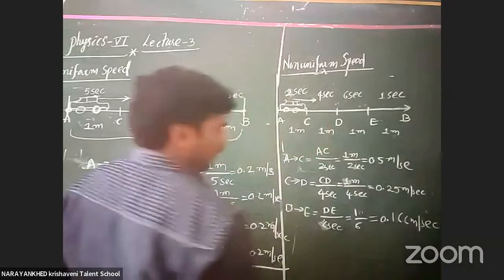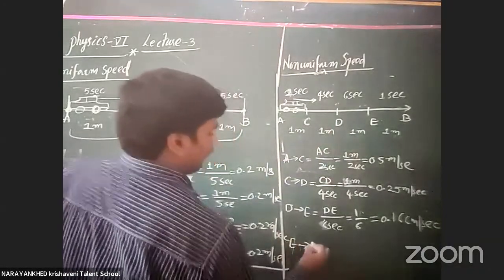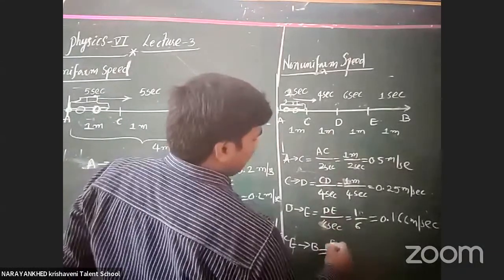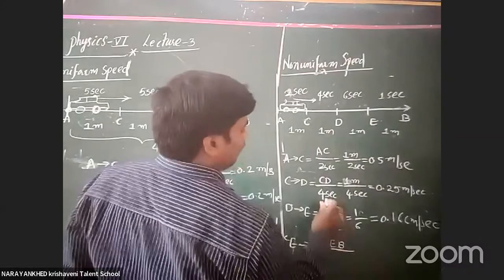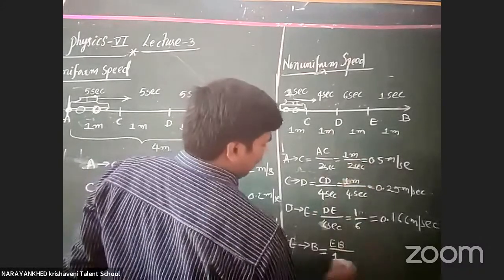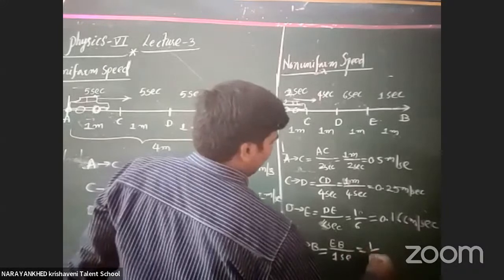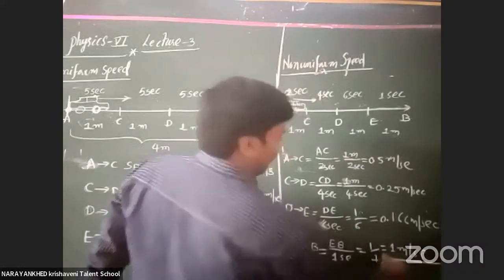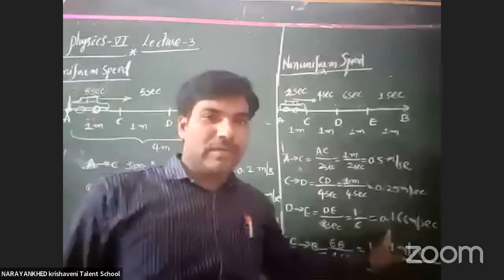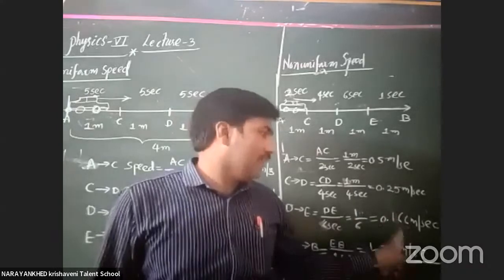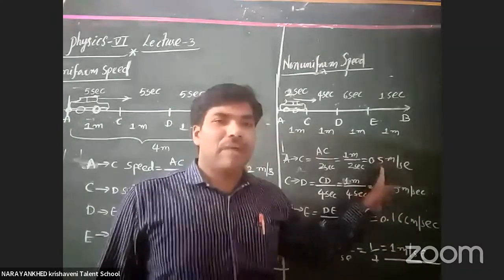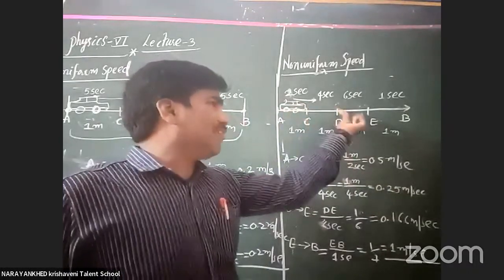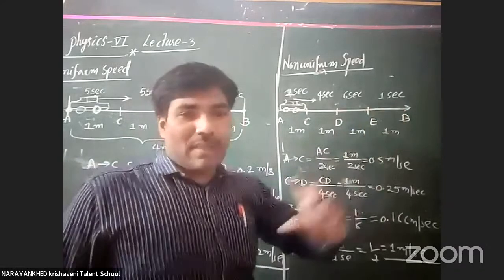And as well as E to B: EB by how much? Only 1 second time is taken. 1 by 1 is 1 meter per second. It is fast moving, then slow moving, then fast moving, then very slow, then very fast. Okay, means here fast, here slow, here again very slow, here very fast, like that.